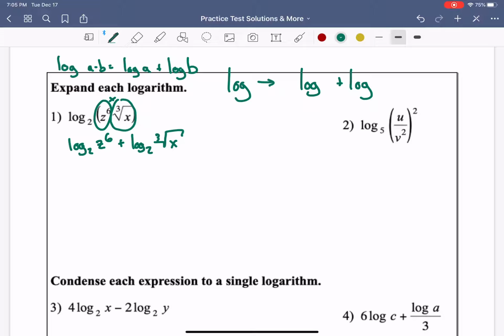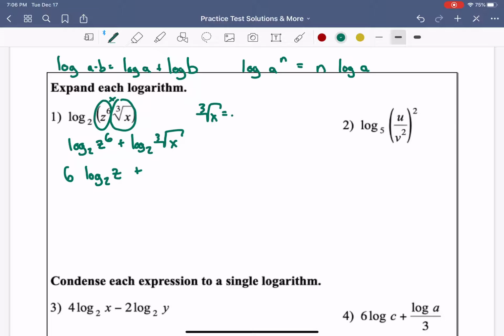Our other exponent rule says if we have log base a of x to the n, that power will come out in front of the log as the coefficient. So that will turn into 6 log base 2 of z plus, and then we have this third root. The third root of x is the same thing as x to the power of 1/3. So that comes out like this. All right, so that's our final answer.